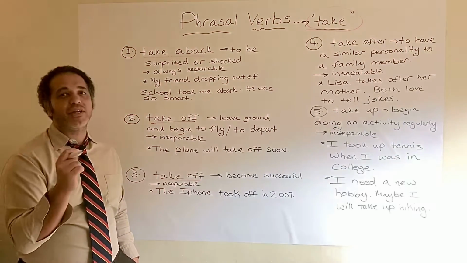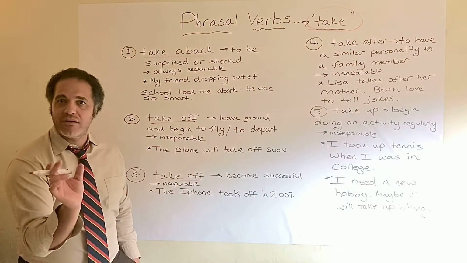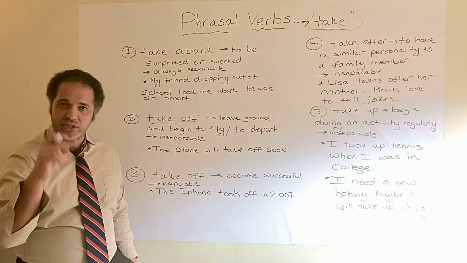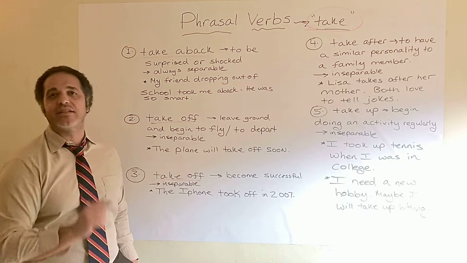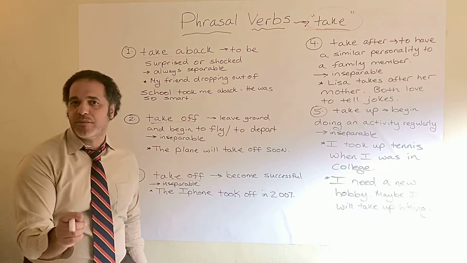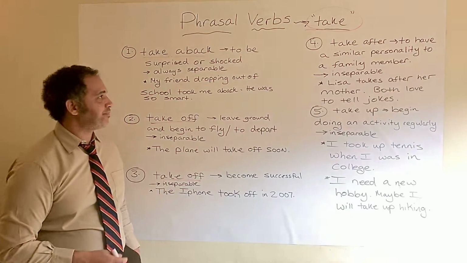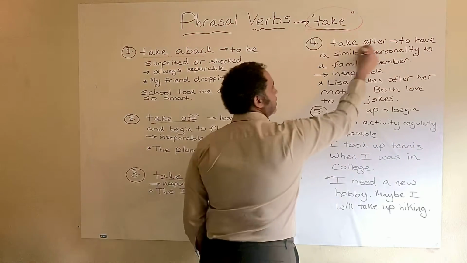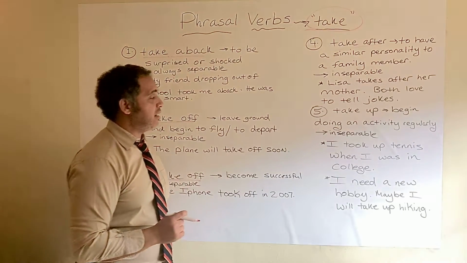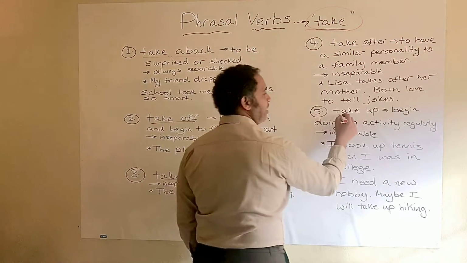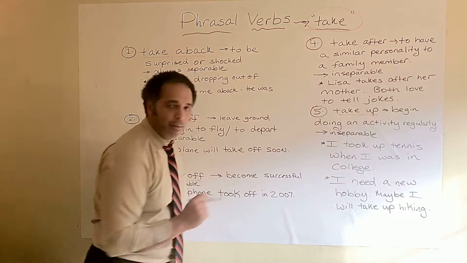So there's lots of definitions for the same phrasal verb. And again, we have to look at the context. We have to look at the information which is inside the sentence to try to determine what the meaning is. Another one is take after. The last one is going to be take up.